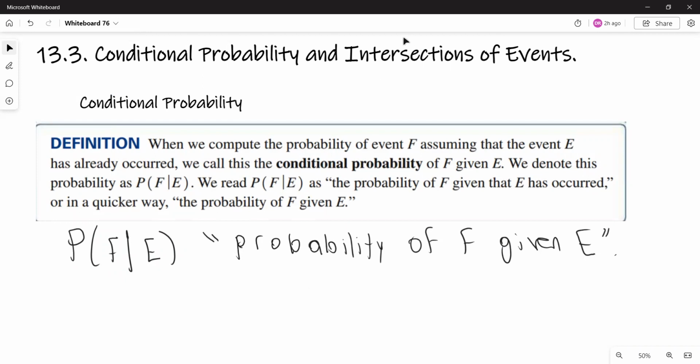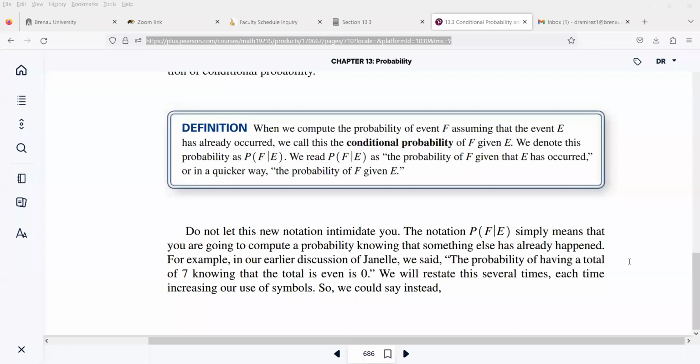So in that example with Janelle, you know that the probability of 7, given that the total is even, is 0. You have it in this paragraph.